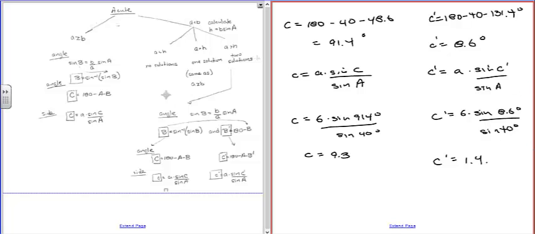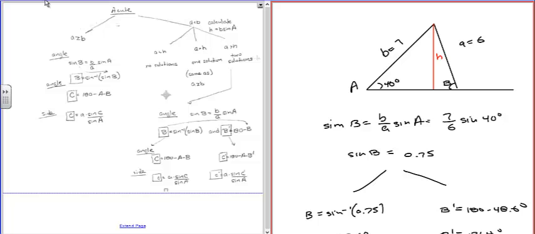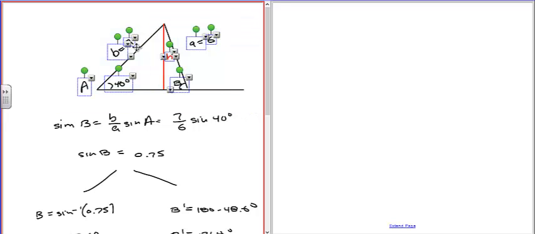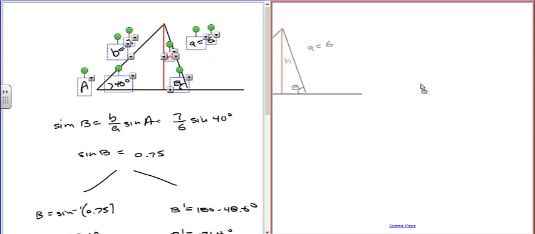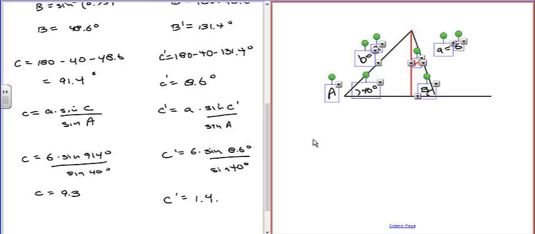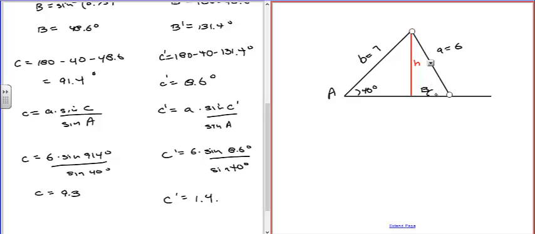Okay, so let's look at that scenario here. I'm going to take this and move it over here so we can look at these two solutions at the bottom. Now I don't have these to scale, but the first solution, the one on the left-hand side, has an angle of about 90-something degrees, close to a right angle.